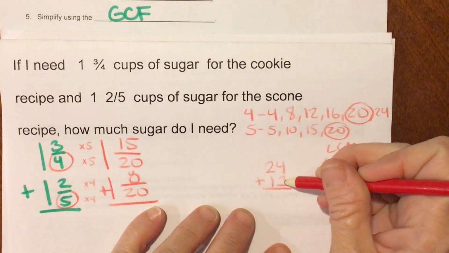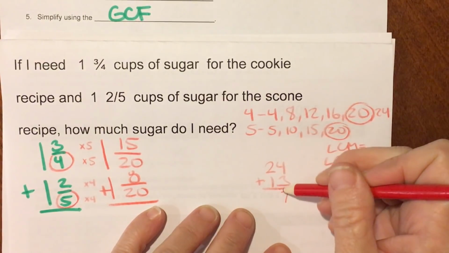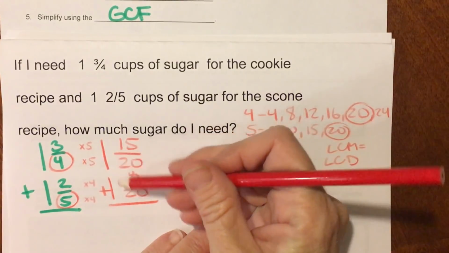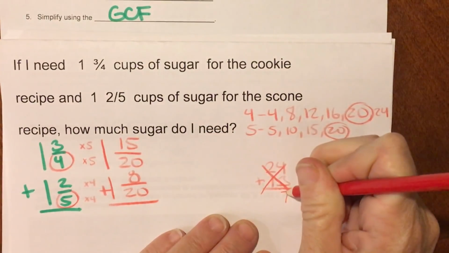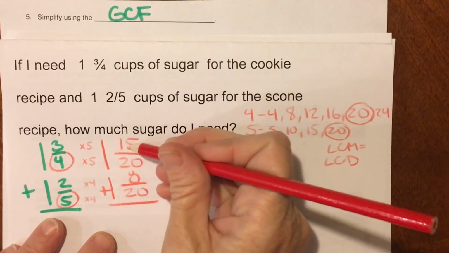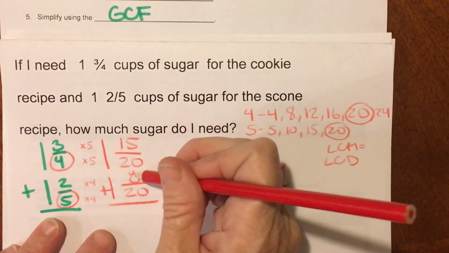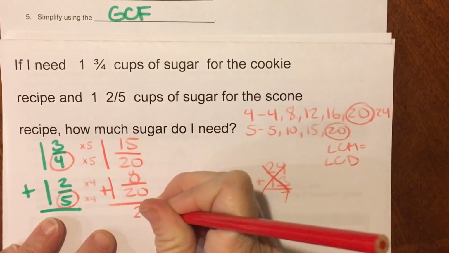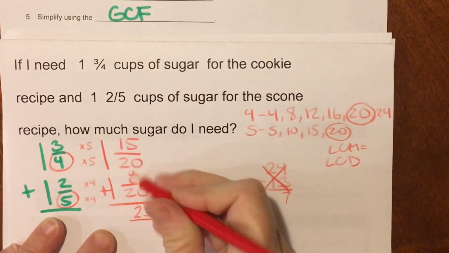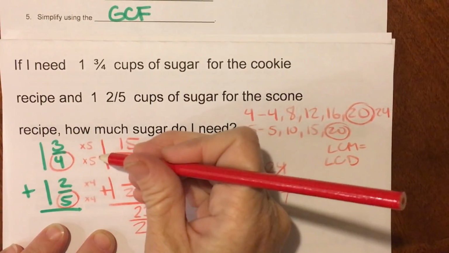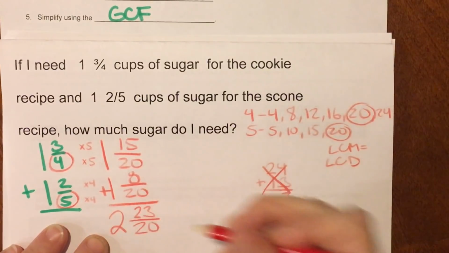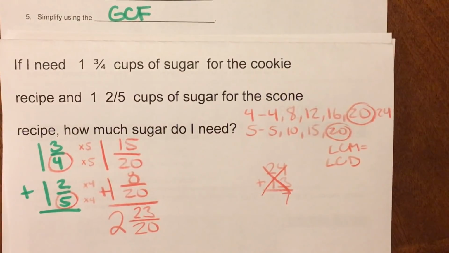So I would say 4 plus 3 is 7. I would start over here. So I'm going to do the same when I add these. I'm going to start on the right side. So 15 pieces or parts plus 8 parts is 23 parts out of 20. 1 plus 1 is 2. Okay, so I have 2 and 23/20.